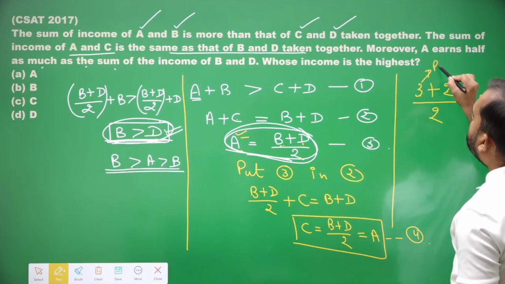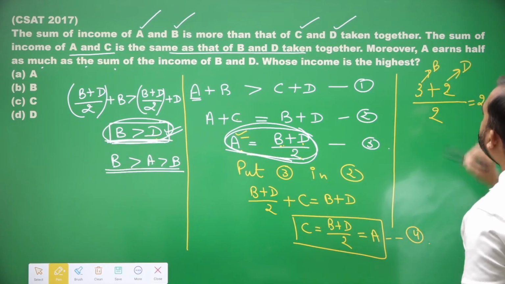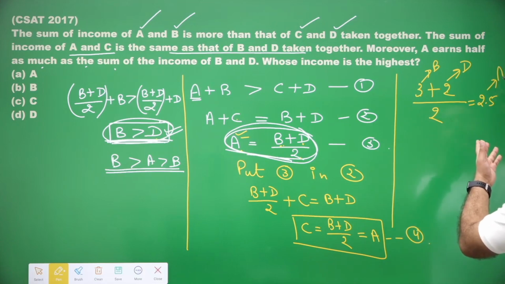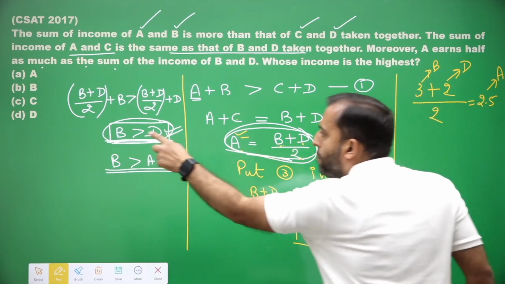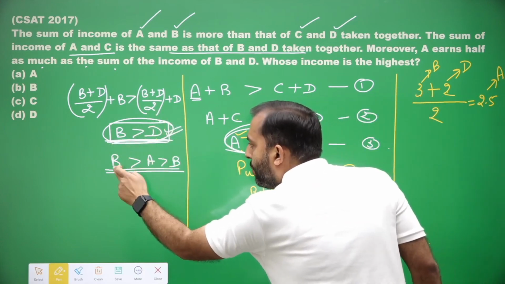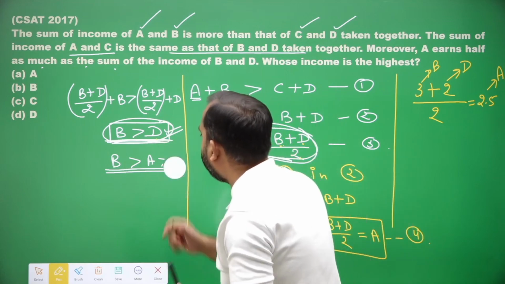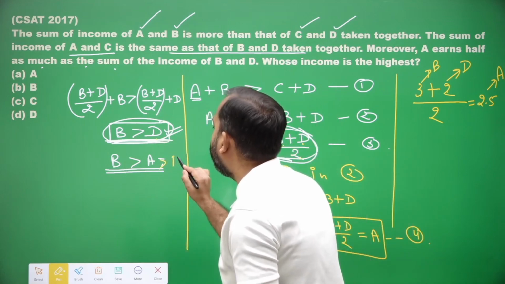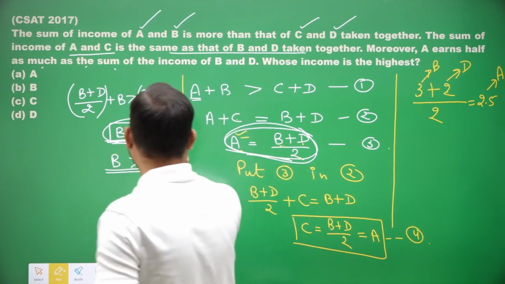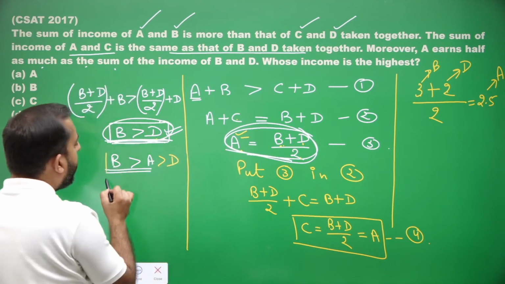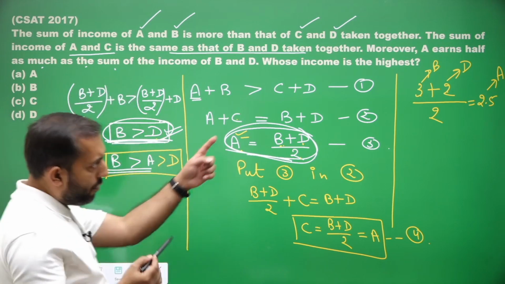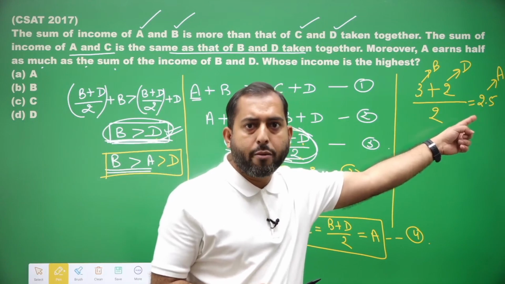B was 3, D was 2. So what is the value of A? If A is equal to B plus D upon 2 and B is greater than D, so definitely, sorry, over here it should be D here. So obviously I can draw this information. We can cross check and we have proved it by assumption also.